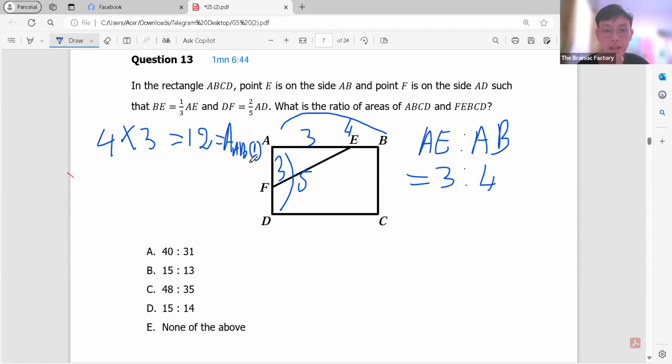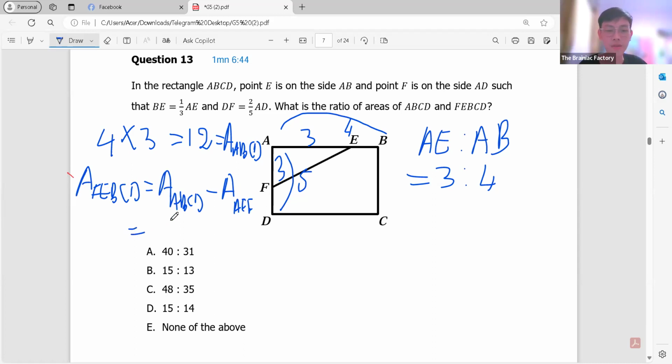All right. And then how do we find the area of FEBCD? The area of FEBCD equals the area of ABCD minus the area of the triangle AEF.